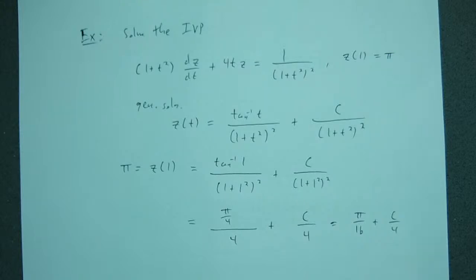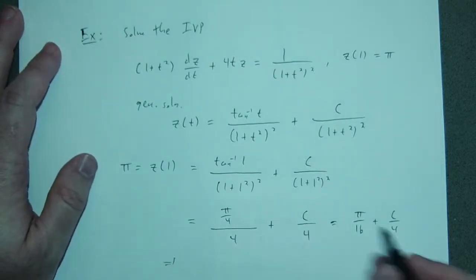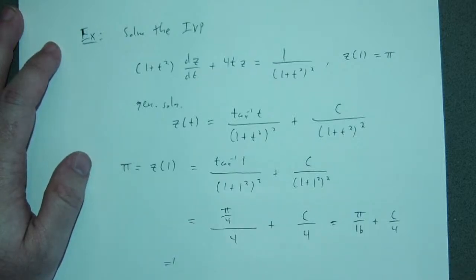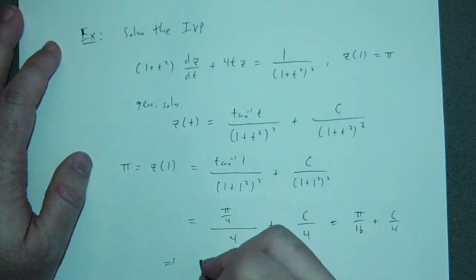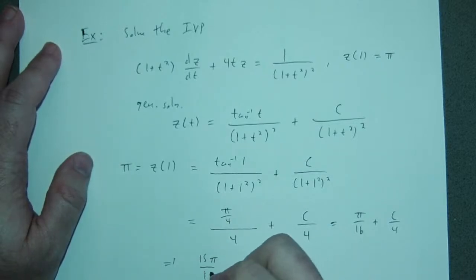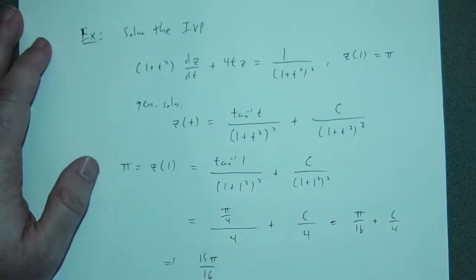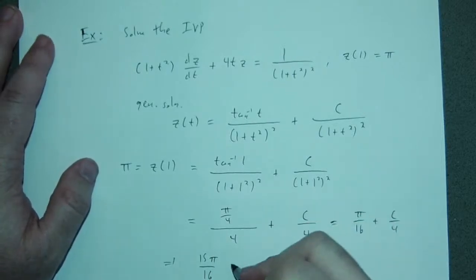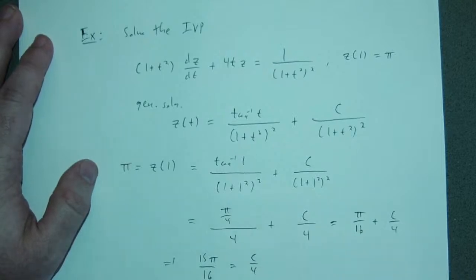So let's see here. If I subtract pi over 16 from pi, I get 15 pi over 16, which is equal to c over 4.